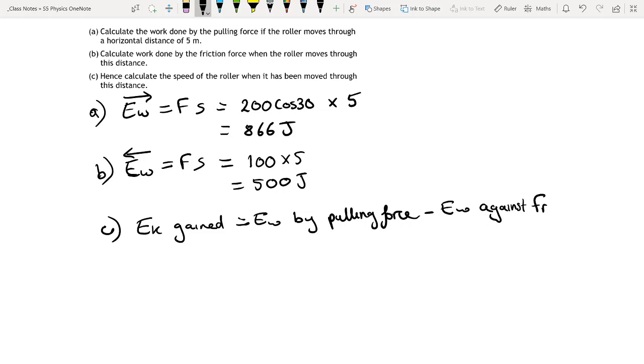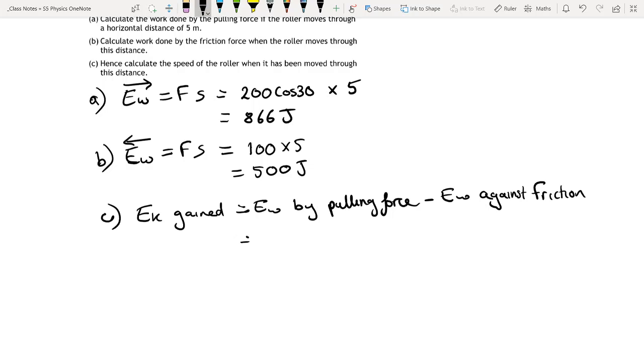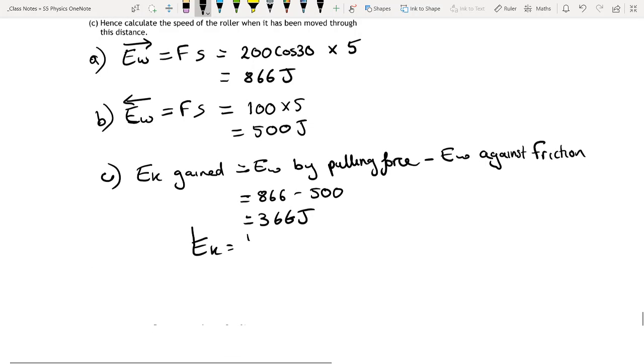So 866 take away 500, and that's where you got your 366 from, isn't it? Joules. But that doesn't answer the question. It asks you to calculate the speed of the roller when it's been moved through this distance. So kinetic energy is half mv squared.